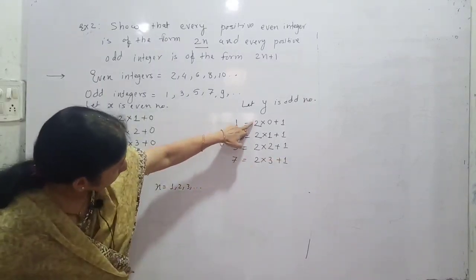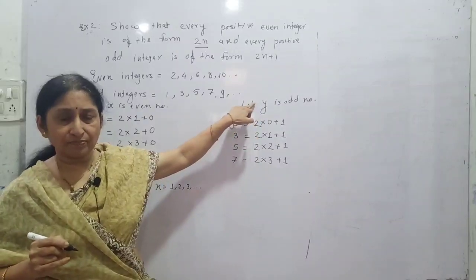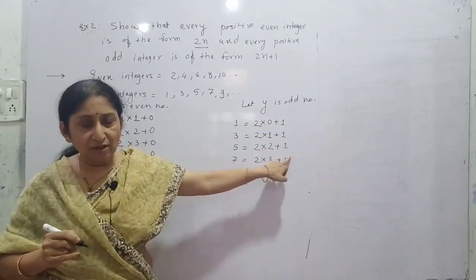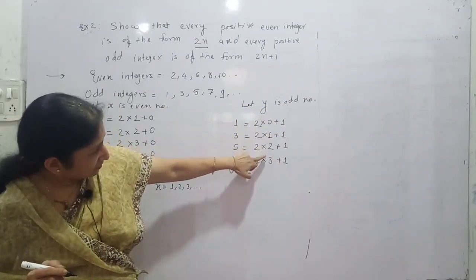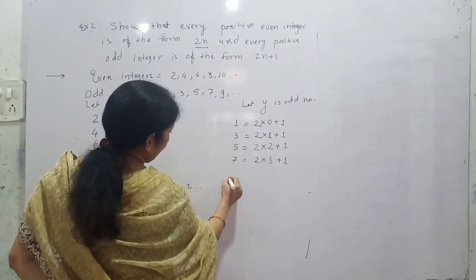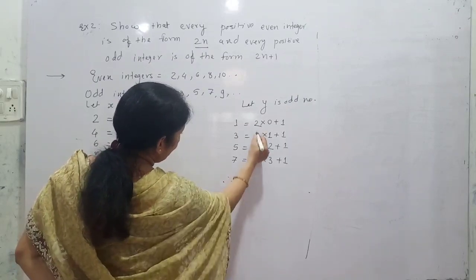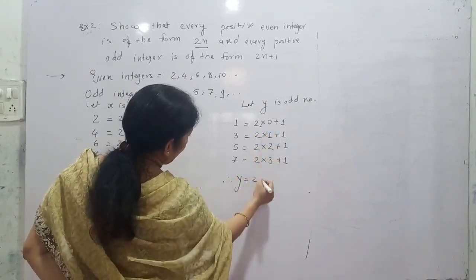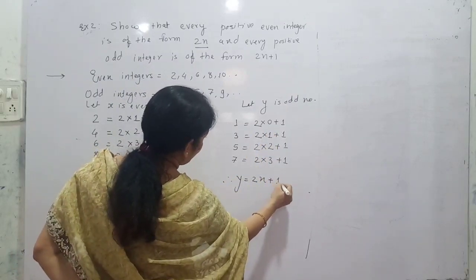Here every time 2 is constant, the remainder is 1 and these numbers are n. Hence y is equal to 2n plus 1.